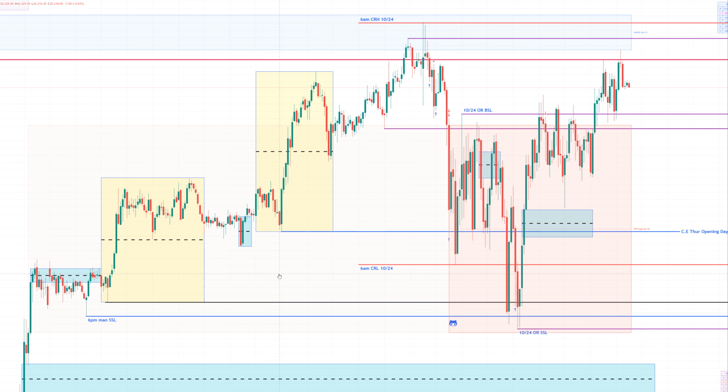The only thing I can tell you about that without drawing it on the chart is if you get a 6 p.m. manipulation and London happens to reach back and clear that order, whatever that low or high is for London, that is now your new target.